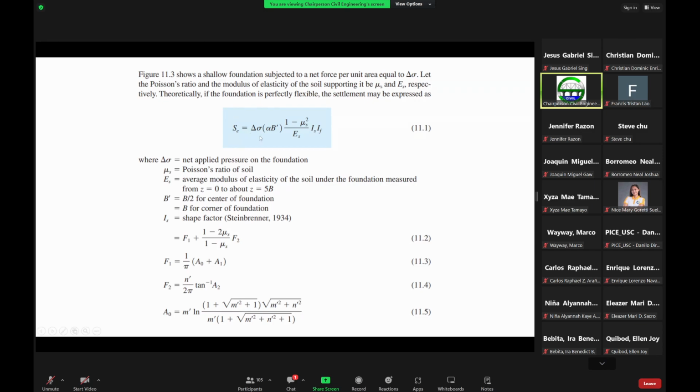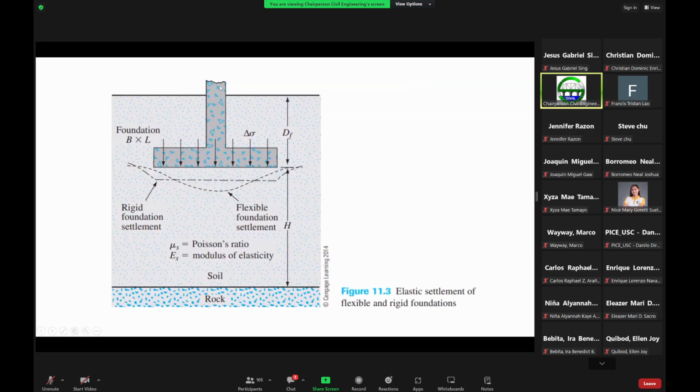Sorry if you're seeing my cursor. That's the net applied pressure on the foundation, which is actually this one here, the pressure imposed by the foundation.